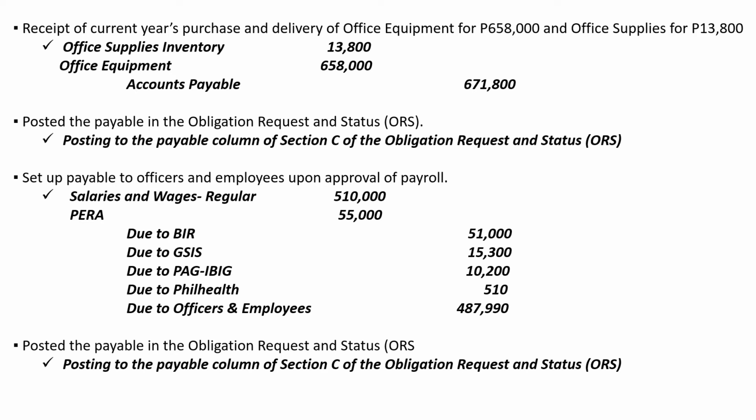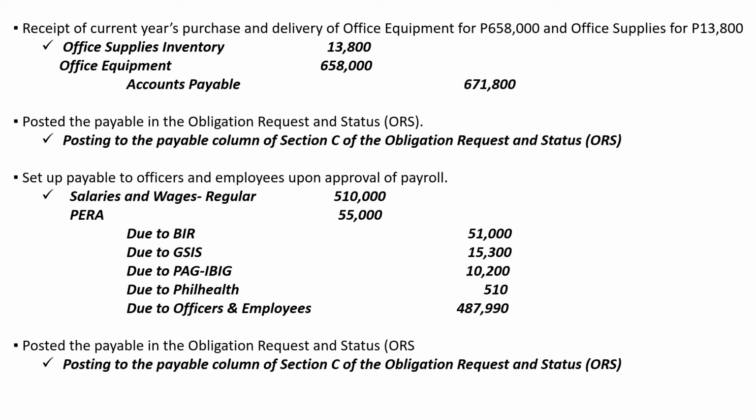We will record this upon the delivery receipt and the inspection acceptance receipt report, the DRIAR. Next transaction, we posted the payable in the ORS. We will record this again in the payable column of section C of the ORS.